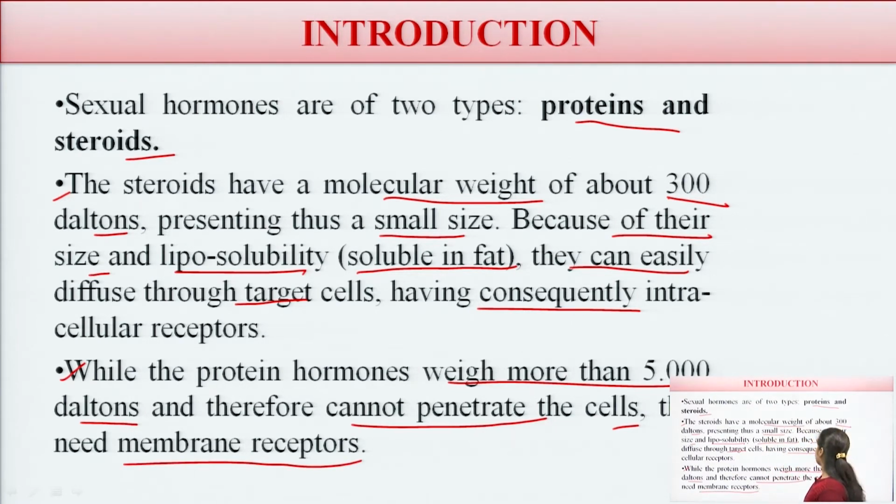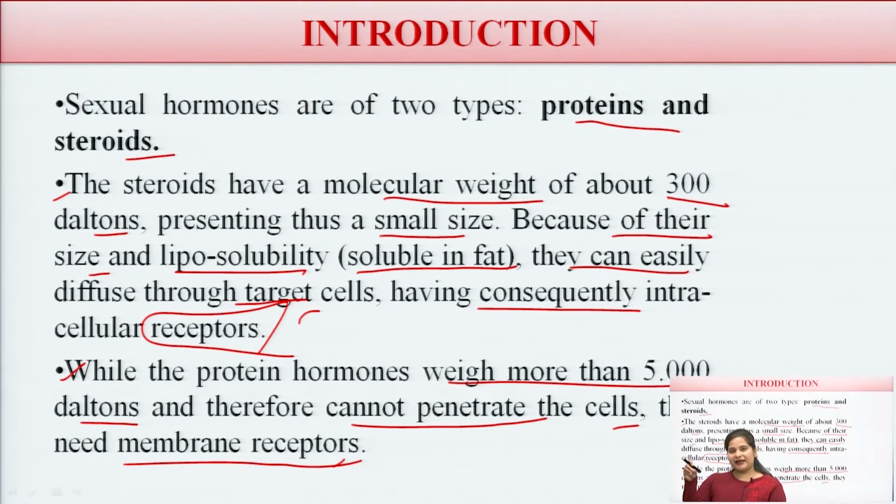They do not attach directly to the target receptors; they need binding proteins, so they need some membrane receptors. They bind with these membrane receptors and then go to the target sites.